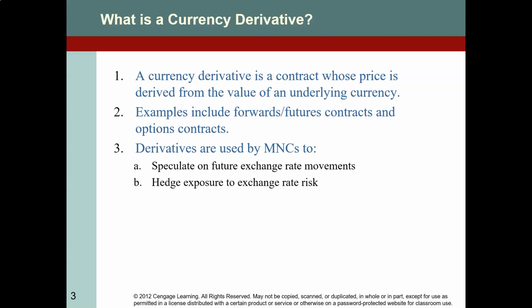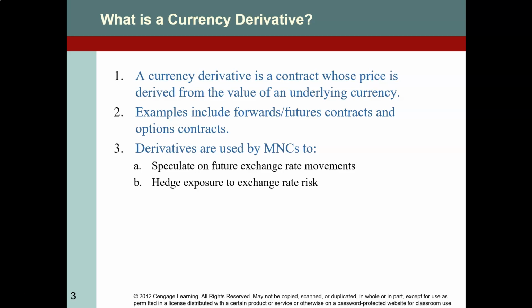What is a currency derivative? It is a contract whose price is derived from the value of an underlying currency. Examples include forwards, futures, and options contracts. Derivatives are used by multinational corporations to speculate on future exchange rate movements or to hedge exposure to exchange rate risk.